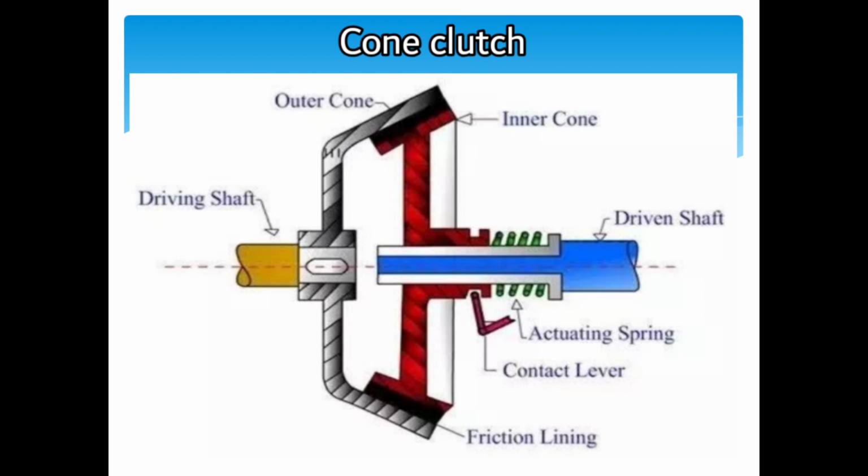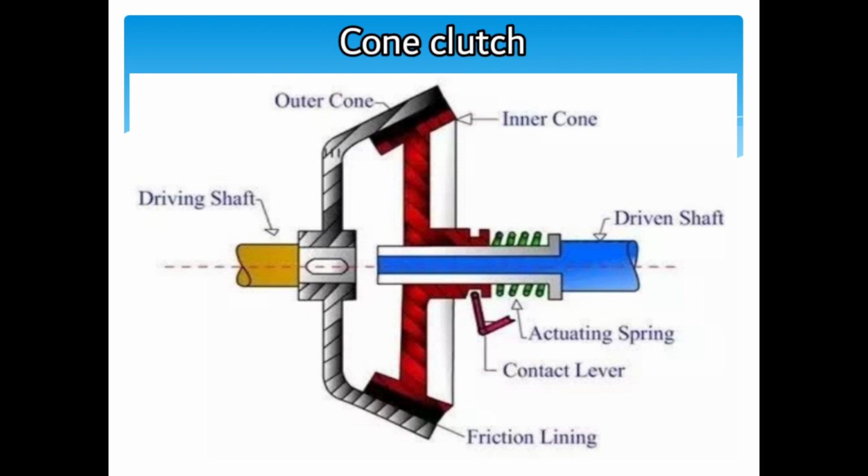You can take a look at this clutch. There are various components. It has an outer cone, a driving shaft, friction lining, a contact lever, an actuating spring, a driven shaft and an inner cone.